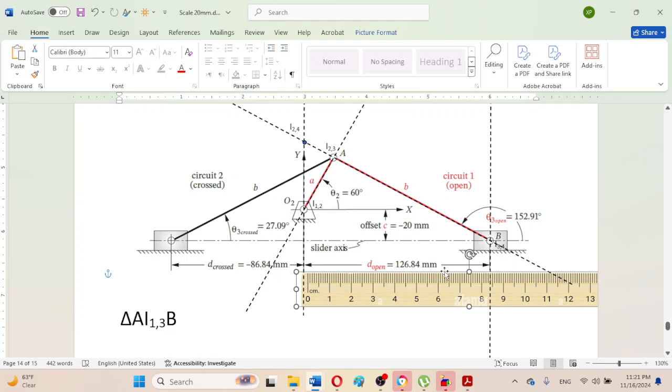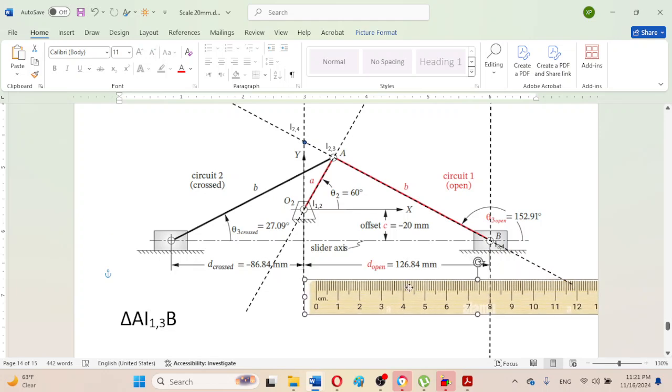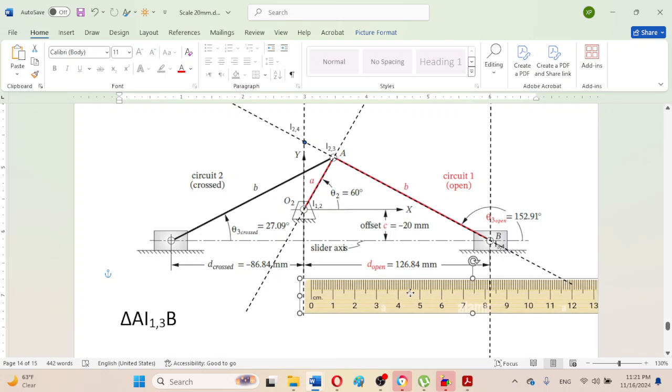So first of all, in this view I will be determining the scale. I am estimating the scale. As we can observe here, the distance between this line and this line is 126.84. I will be determining how much 1 centimeter will be equal to.